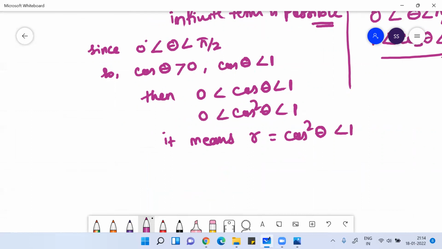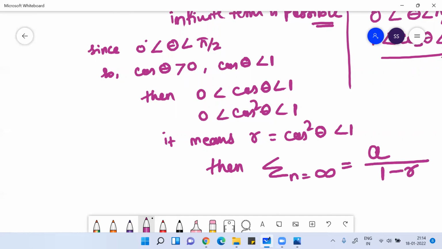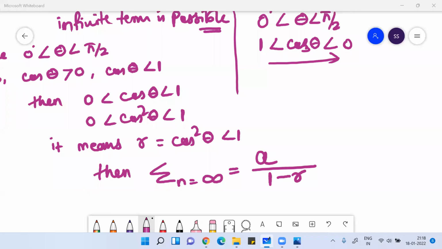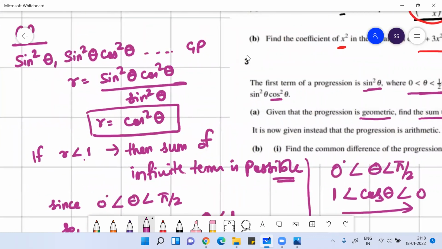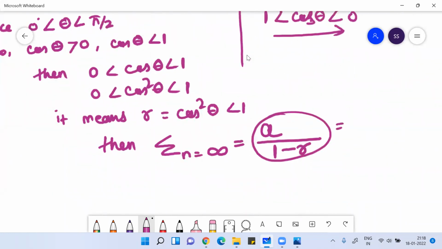So if r, which is cos square theta, is less than 1, then the sum of infinite terms, where n is infinity, will be a divided by 1 minus r. I can apply that formula. Your a was sine square theta, and r was cos square theta.